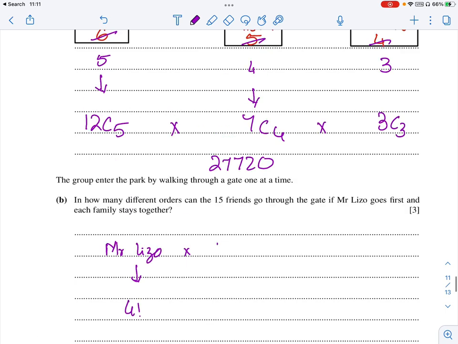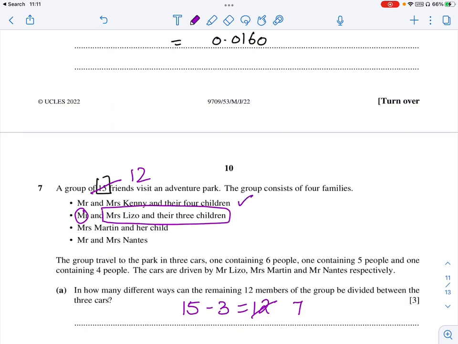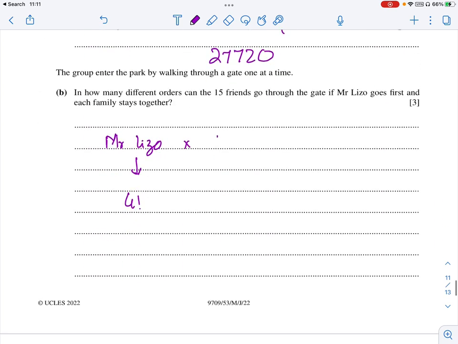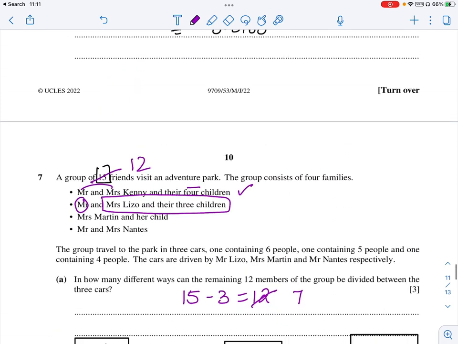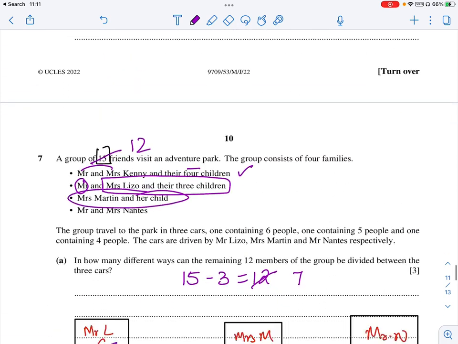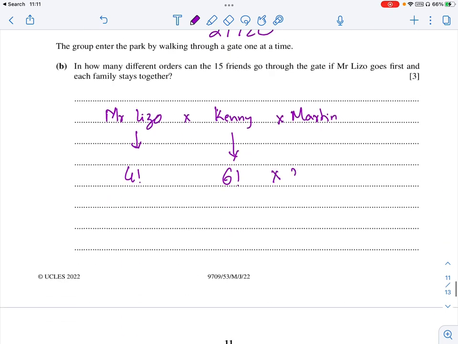Then we'll talk about the next family. Next family is Kenny's family. So how many people are there? Mr. and Mrs. Kenny plus 4 children, 6 people. So Kenny family will be 6 factorial. Then we'll talk about Martin. Martin family, Mrs. Martin and her child, only 2 people, so 2 factorial.